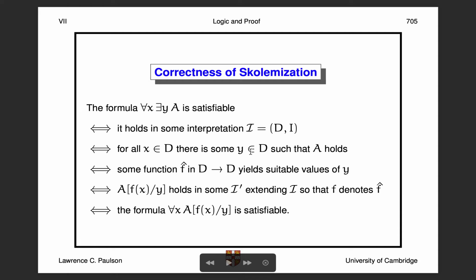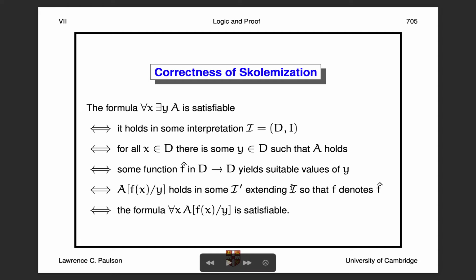Finally, if you substitute syntactically f of x for y, where f now is the symbol, then this will be true in an interpretation I prime, which has been extended from I by making the symbol f denote the actual function f hat.